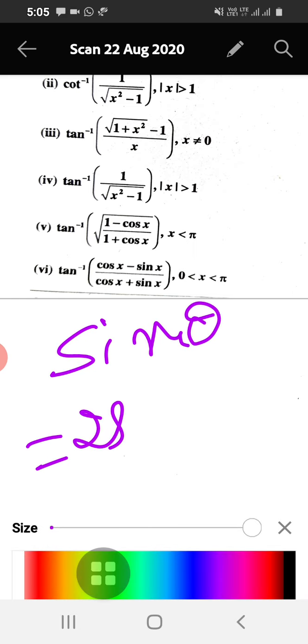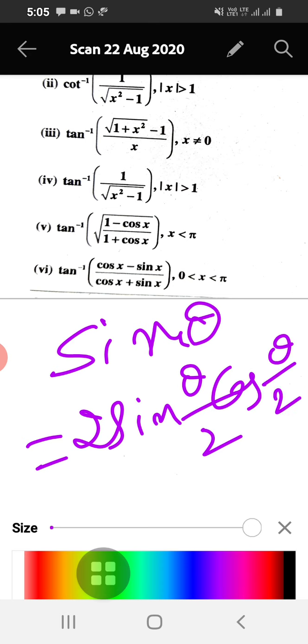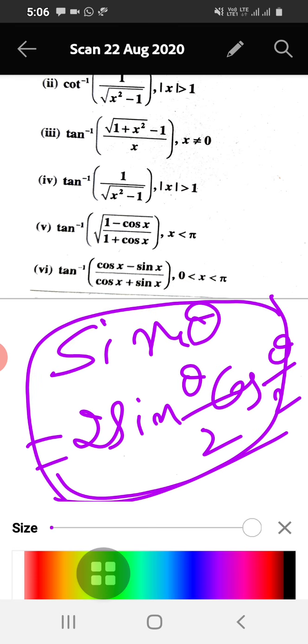So this sin theta can be written as 2 sin theta by 2 into cos theta by 2. So these two results I have used in this solution. Okay. So in this way we can use some of the basic trigonometric results which we learnt in first PUC and write the simplified form. So this is all about the third example in this list.